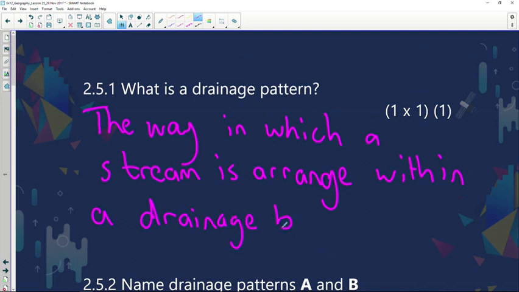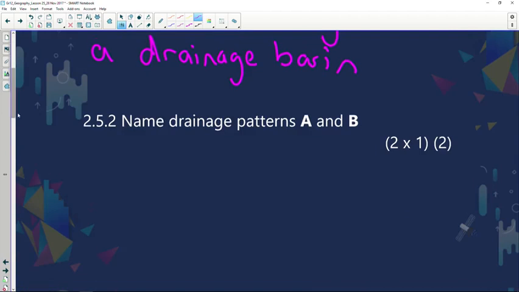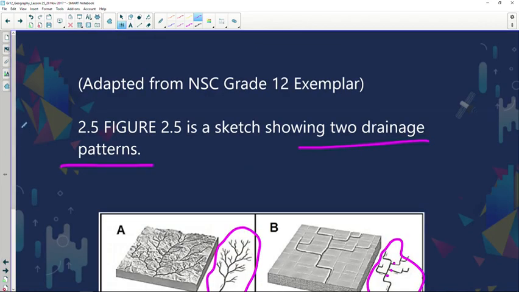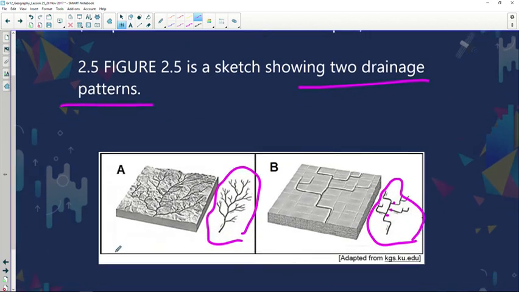So what is a drainage pattern? The way in which a stream is arranged within a drainage basin. Name drainage pattern A and B. I'm going to do it on there. A is dendritic and B is rectangular.